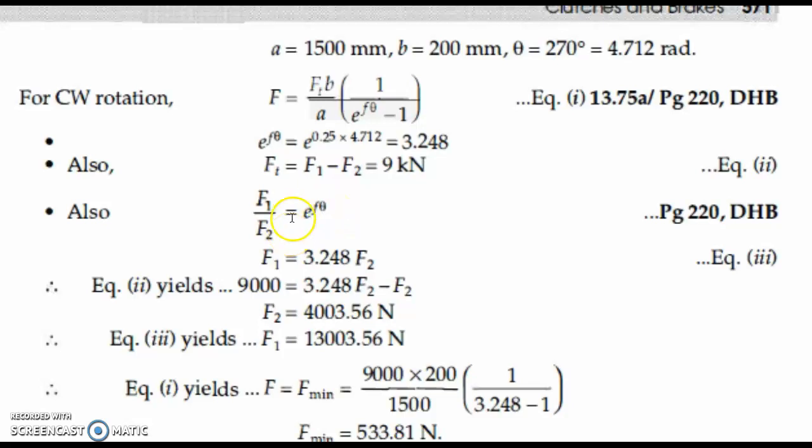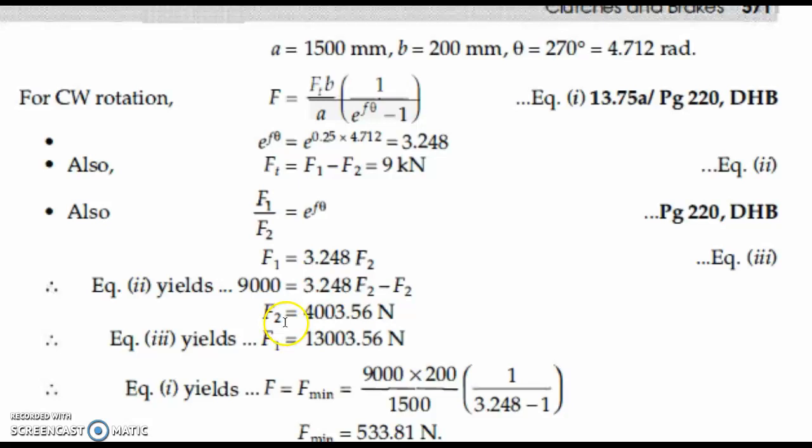Now we can use this equation, e raised to mu theta is equal to 3.28, to get F1 in terms of F2. If we get F1 in terms of F2, we can substitute that value in the previous equation, Ft is equal to F1 minus F2. If we substitute this value, we will get F2 and F1.